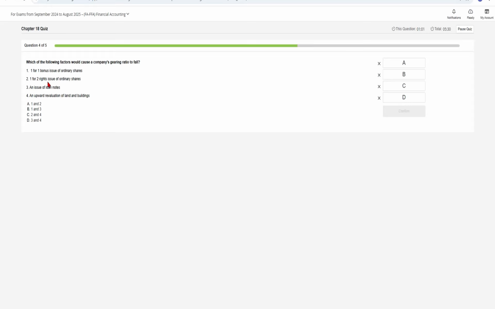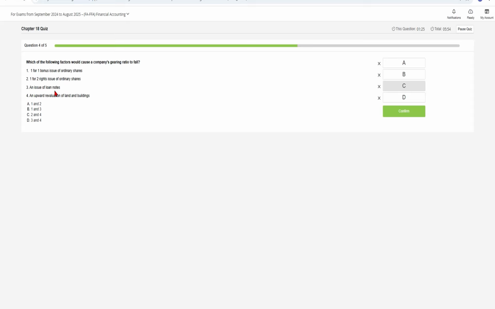So a rights issue means the lower part increases and the overall ratio falls. As 2 is right, and D has no 2, C is our correct answer. But let's evaluate 3 and 4 as well.